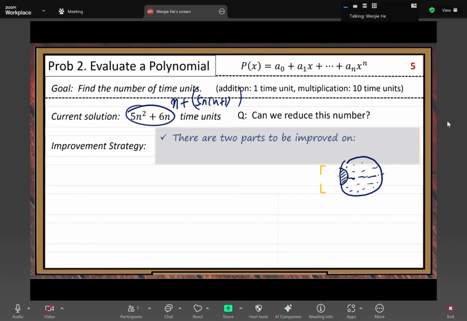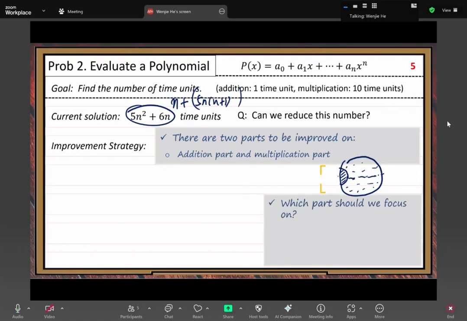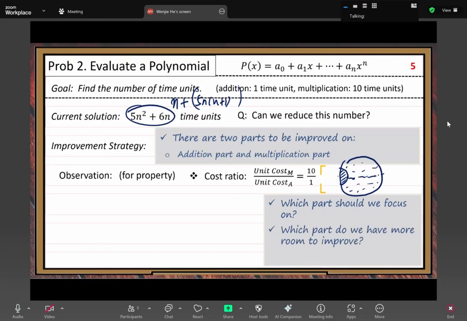So the two parts, with roughly a 10-to-1 ratio, we have more room to improve on the multiplication part. So Amdahl's law tells us the basic idea of that famous principle in the computer industry.